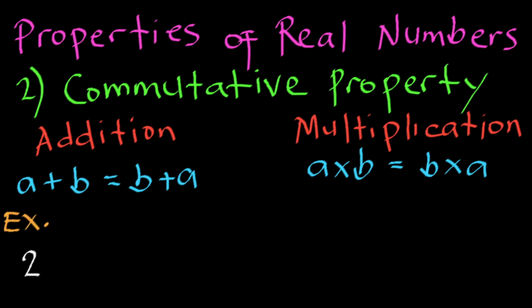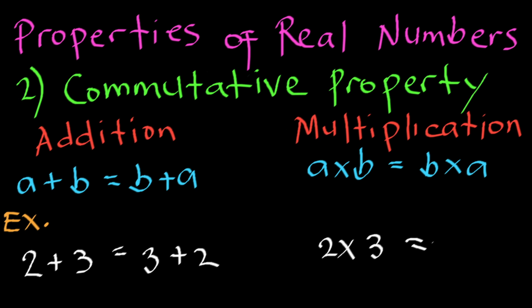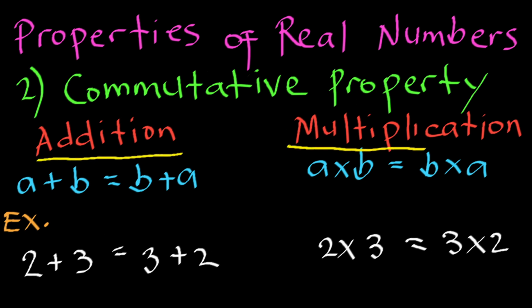For example, we have 2 plus 3. Obviously, equal din siya sa 3 plus 2. Kapag multiplication naman, we have the example 2 times 3, which is equal sa 3 times 2. Ang dali lang yan, di ba? So remember, we have the commutative property of addition and commutative property of multiplication.